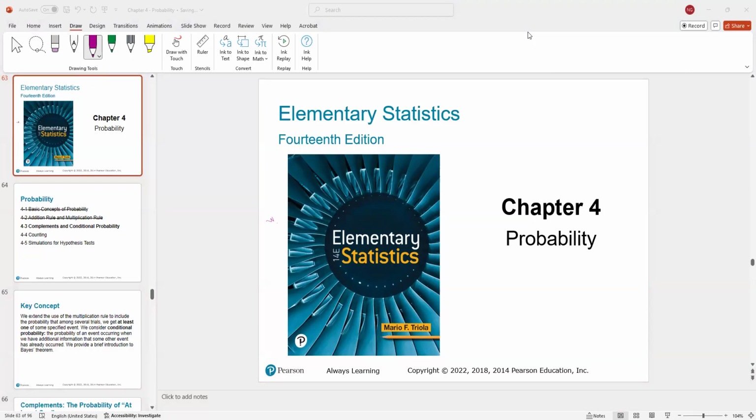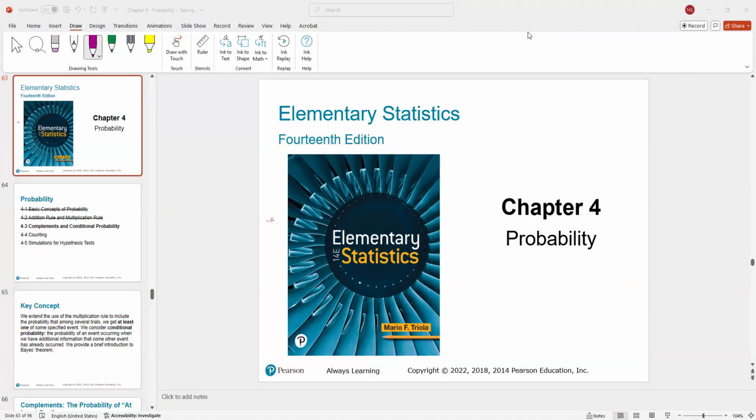In this video, we're going to continue with chapter 4. We're going to start with section 4.3, because I'm hoping you already reviewed sections 4.1 and 4.2.